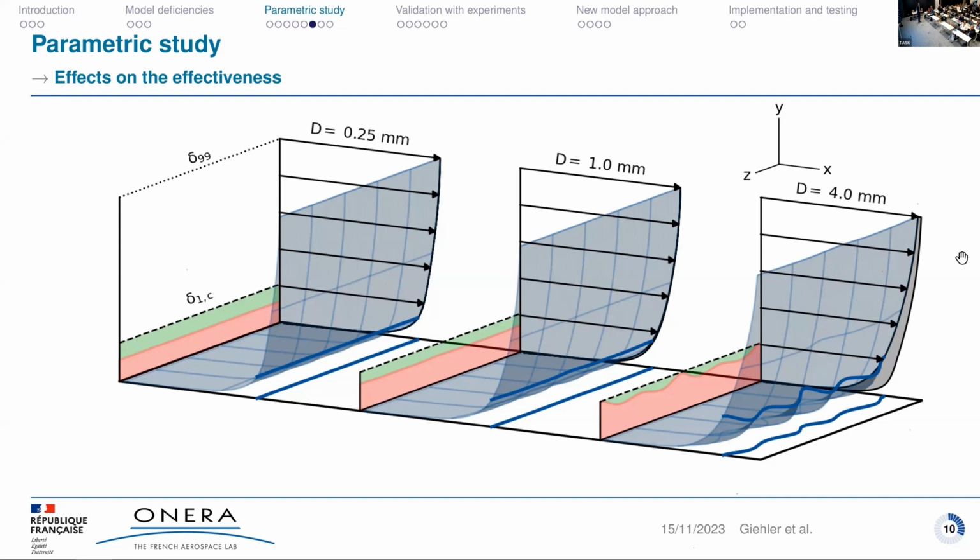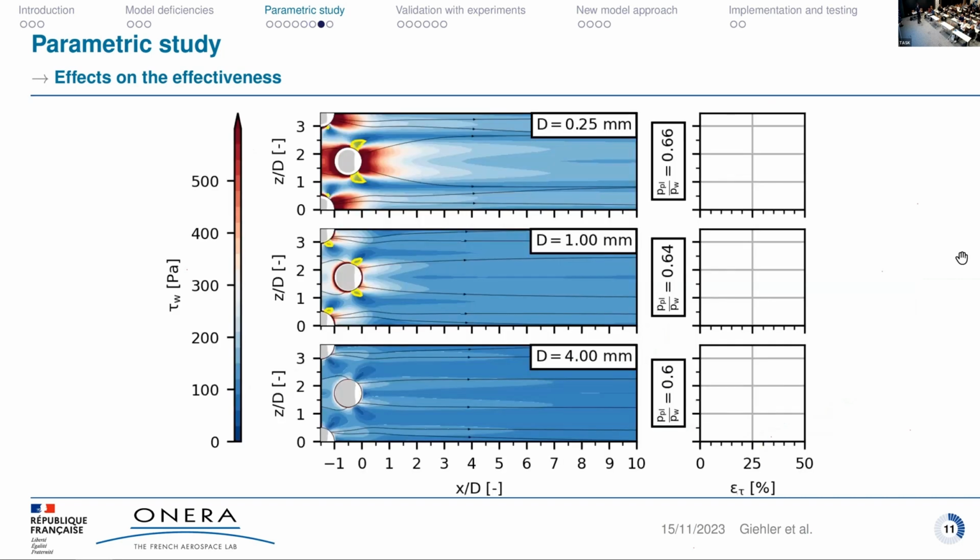Here the gray area shows the envelope of the boundary layer profiles along the span. And because it's always a bit hard to look on the boundary layer profiles, especially if you have shock boundary layer interactions and so on, I looked on the wall shear stress, and here you can see the same. For small hole diameters, you have higher wall shear stresses than for large hole diameters.